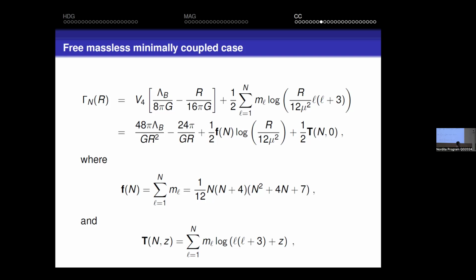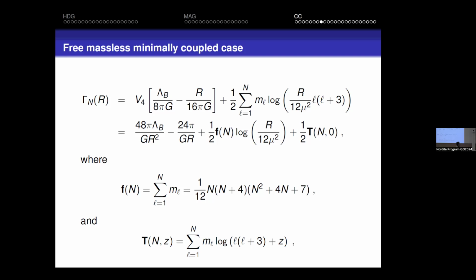I split this log of R times L(L+3) into the first term, log R. Now, this term multiplies the sum of the multiplicities. The sum of the multiplicities I call f. And remember, multiplicities are cubic in L, and so the sum of the multiplicities is fourth order in N. So this is the total number of modes that have been included in the sum.